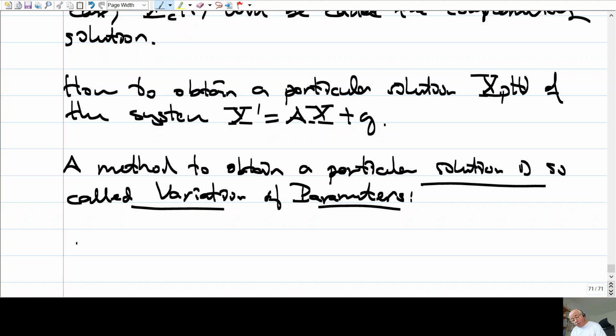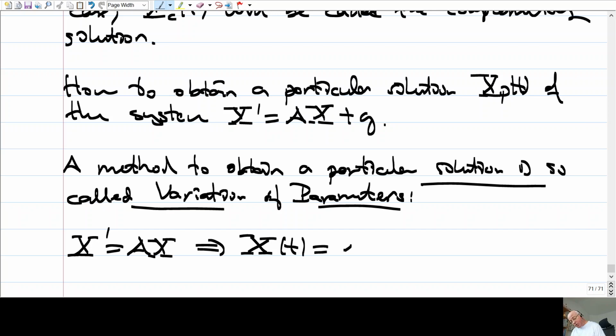Recall that the solution of this, if it were homogeneous, what would it be? It is just x(t) is e to the power ta times c. This is the fundamental matrix, but actually you don't have to find the fundamental matrix e to the power ta.